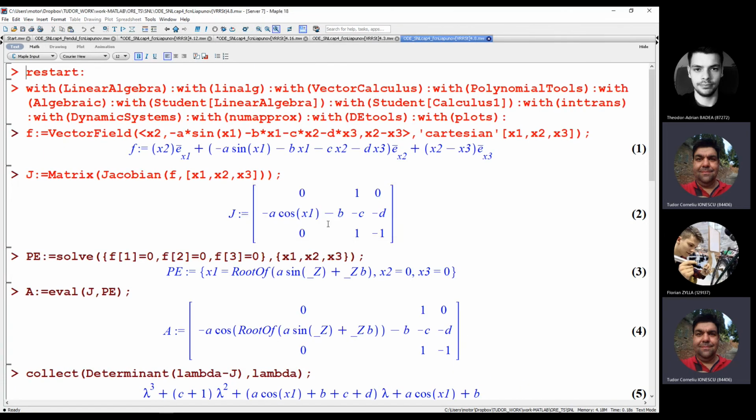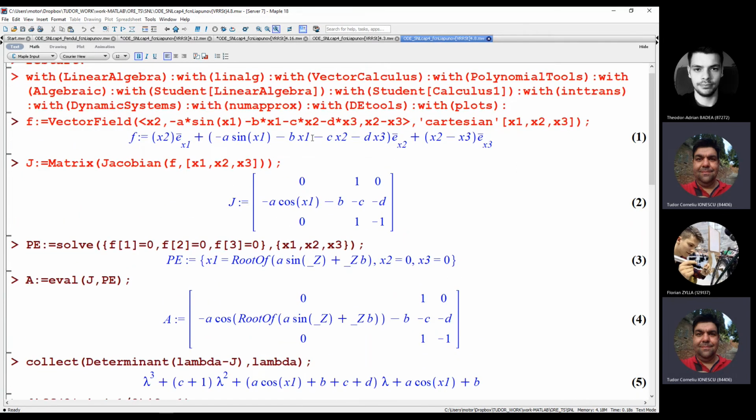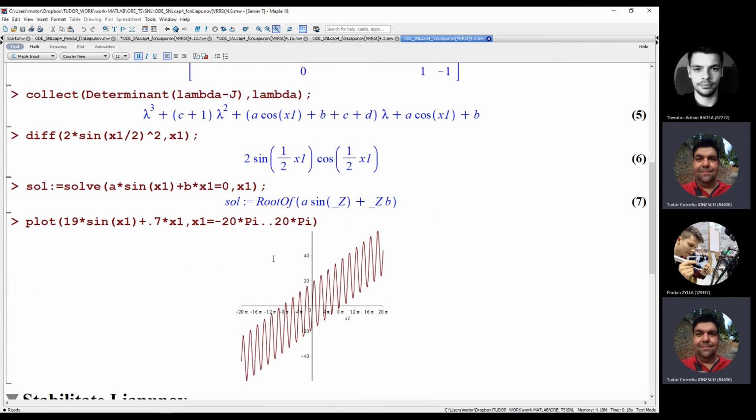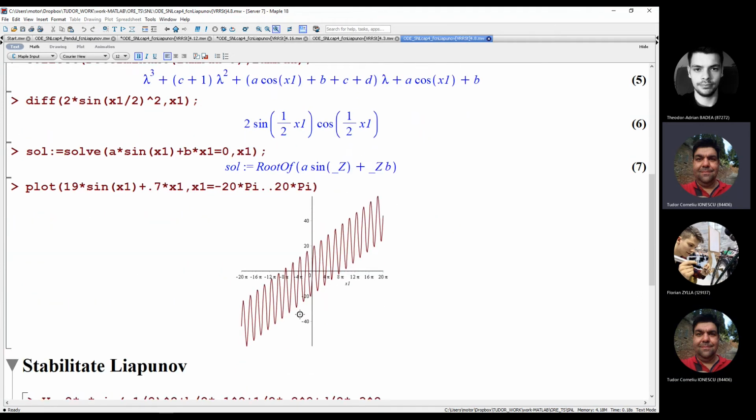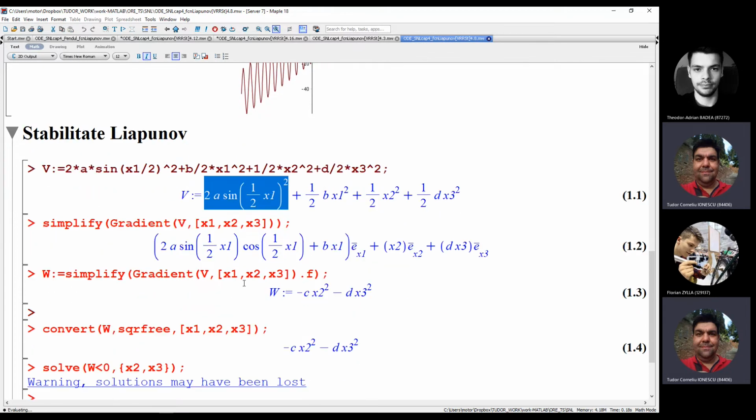And the last example is this one, which is very complicated because you have coefficients. We have coefficients and we have the Lyapunov function, an interesting Lyapunov function, more complicated than usual, containing this term.